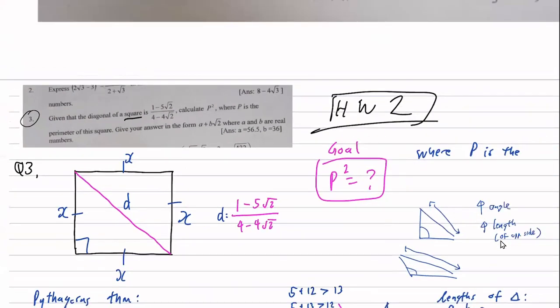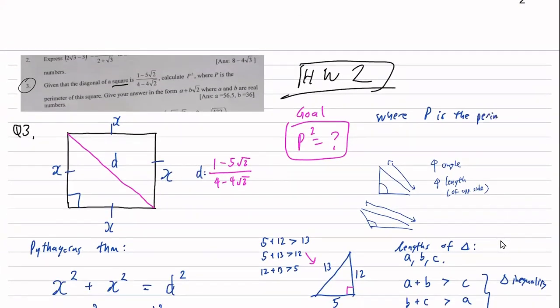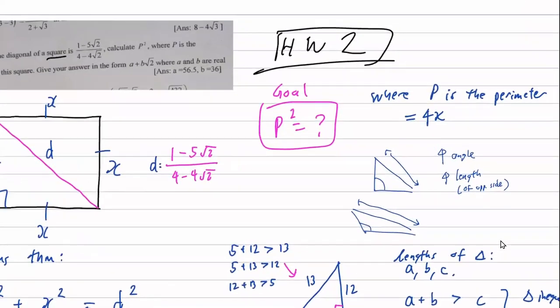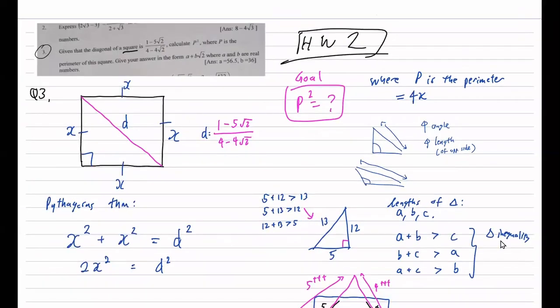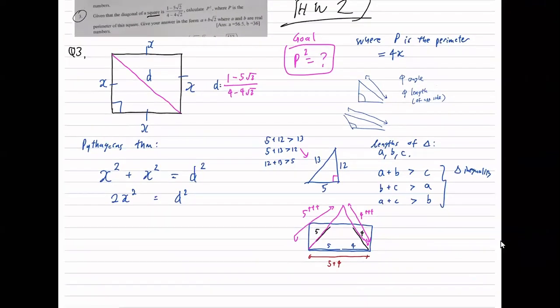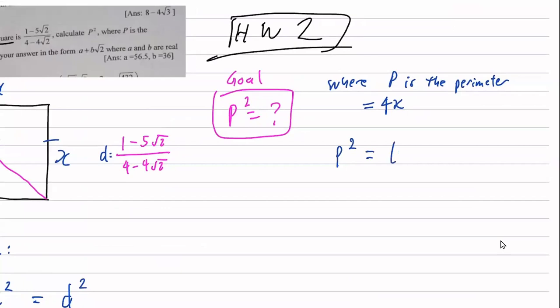So of course, its perimeter is actually 4x. No, we're not trying to find 4x. We're trying to find 4x squared. Oh, sorry, let me move away my triangle inequality. So what we're actually trying to find here is p squared, which is (4x) squared, which is 16x squared.